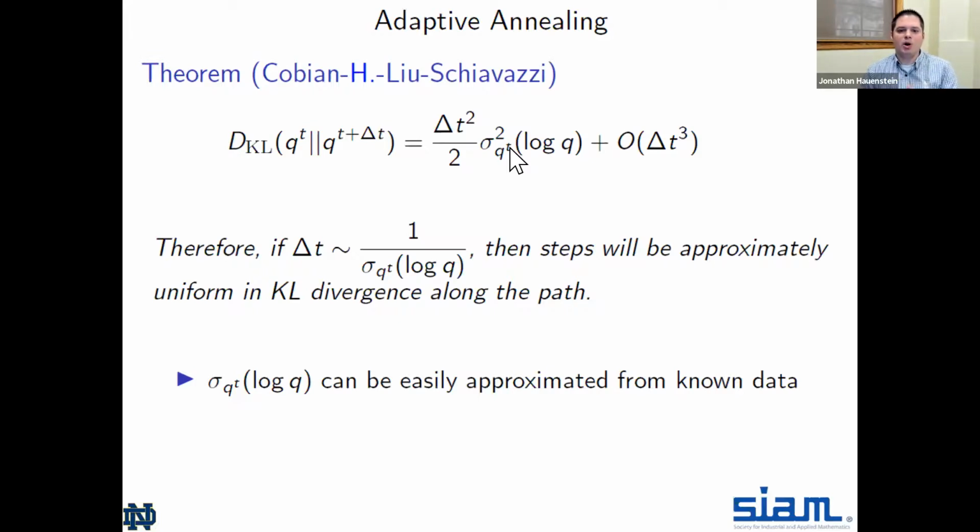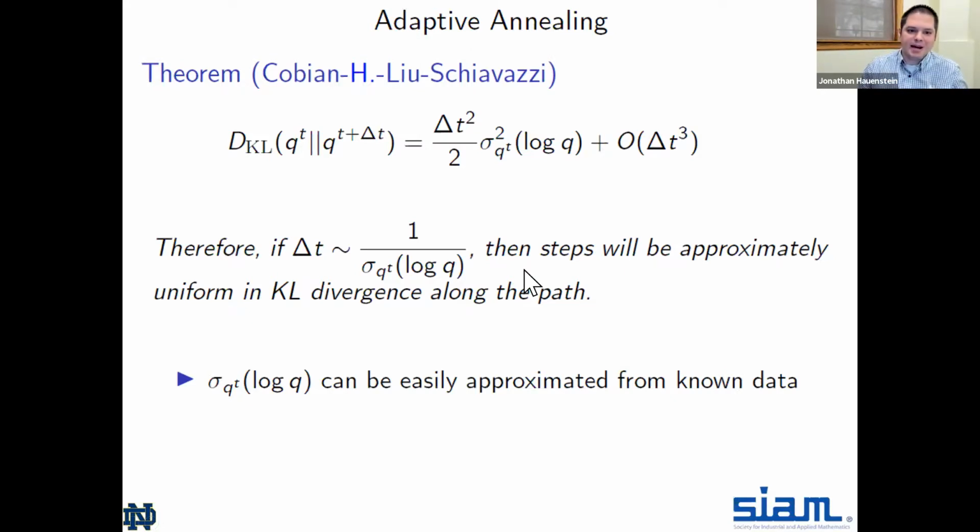So if we want to do a homotopy, which is uniform in the KL divergence, then what we do is we take our step size to be inversely proportional to the standard deviation. So we don't want uniform in T, we want uniform with respect to KL divergence, which means we want them based on the standard deviation.